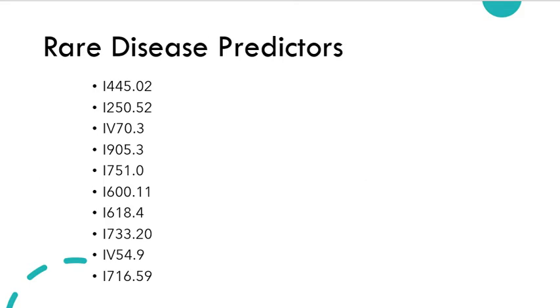The top 10 rare diseases that are predictive, or diagnoses that occur more than 29 times but less than other diagnoses, are noted. A few examples include a thromboembolism of lower extremity, other general medical examination for administrative purposes, and late effect of fracture of neck of femur.